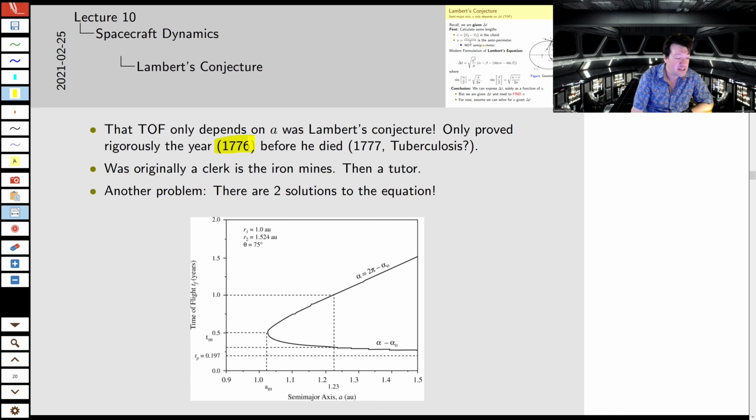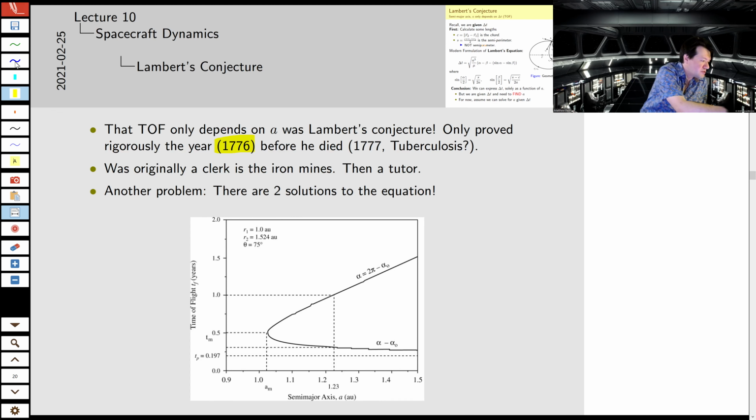He probably wouldn't have appreciated it anyway, since he figured he already proved it. A brief mention of Lambert: he was originally a clerk for, I believe, his father, not a very nice guy, in iron mines, and then was a tutor, a very working class background. But again, he moved up in life.